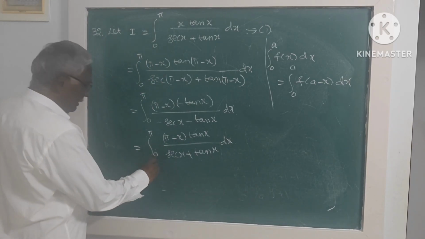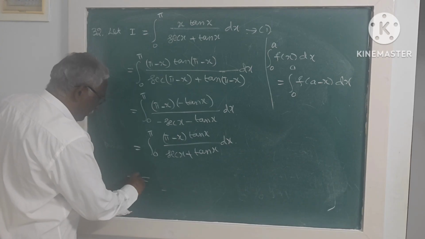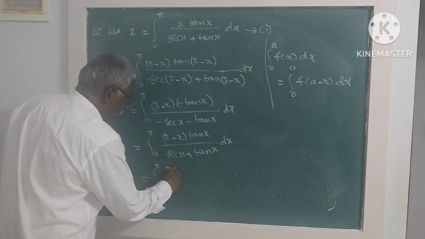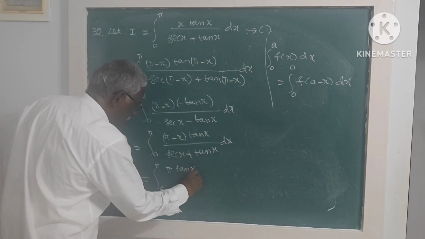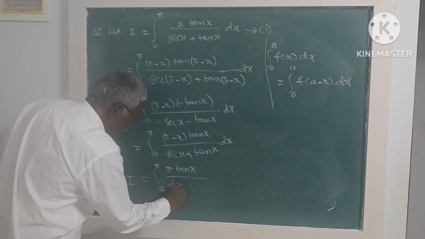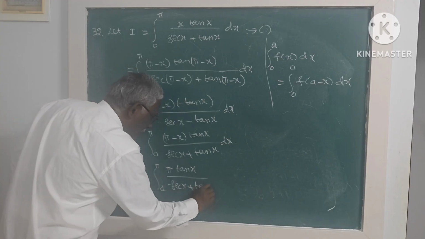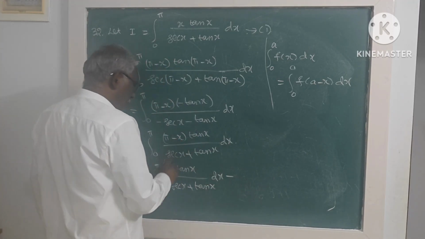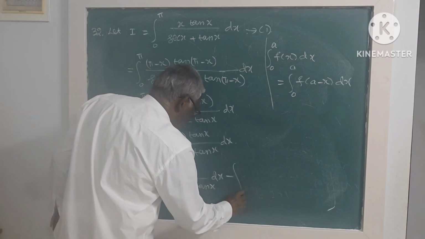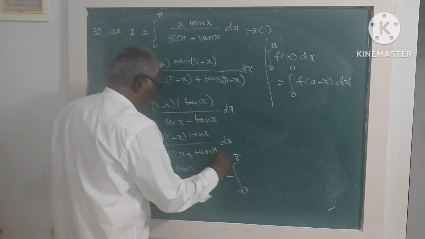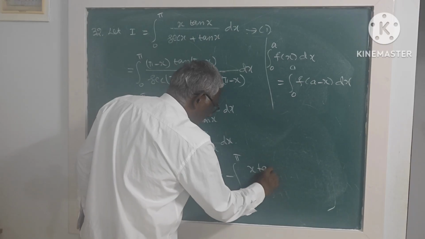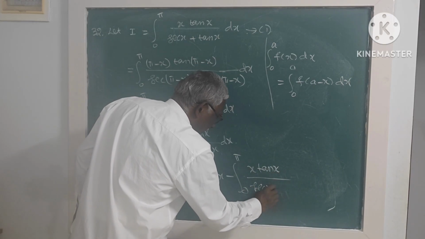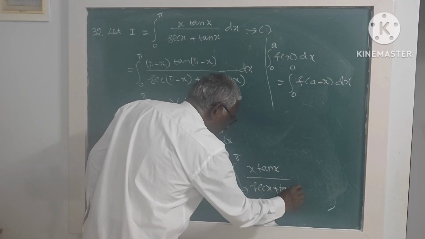So we can write I is equal to pi times integral 0 to pi tan x by secant x plus tan x dx, minus integral 0 to pi x tan x by secant x plus tan x dx.